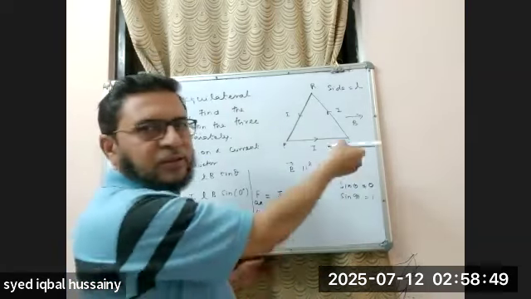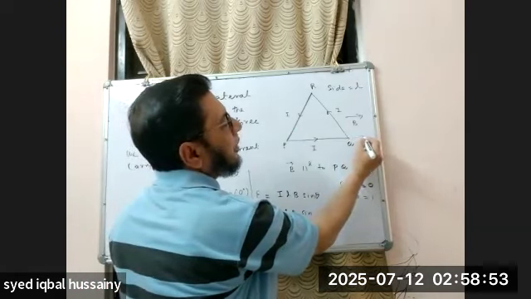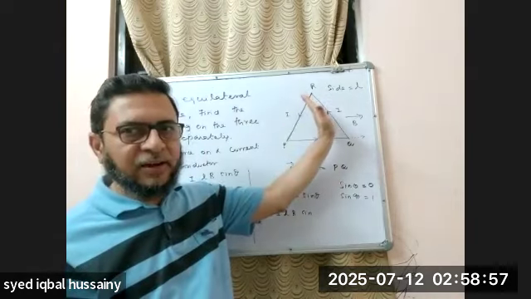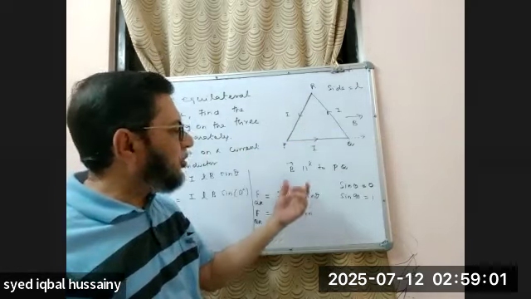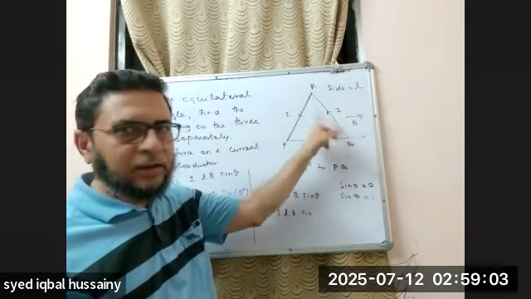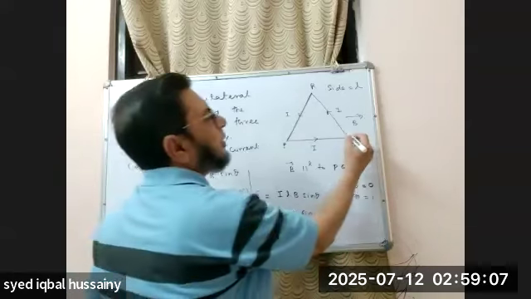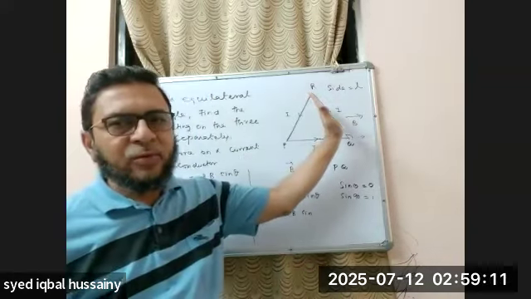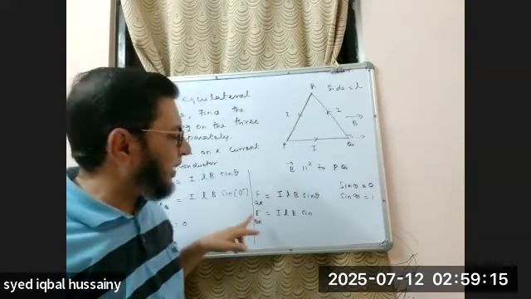This is the magnetic field direction, and this is the length of the conductor. Now I told you L cross B means this angle we want. This is the length of the conductor because we are talking about the QR conductor.